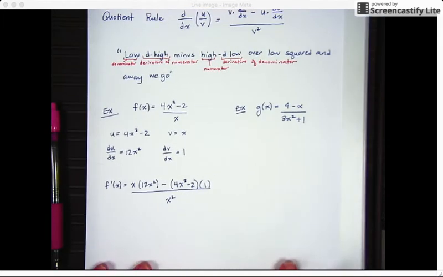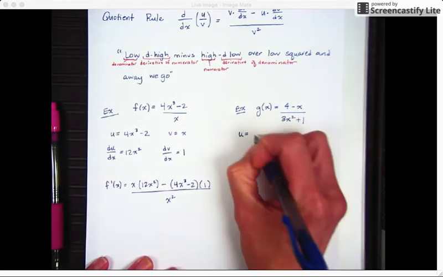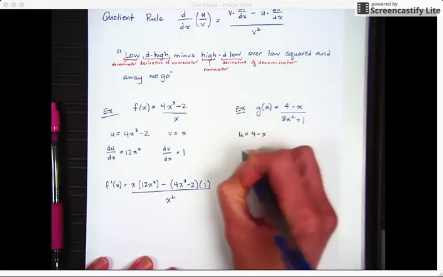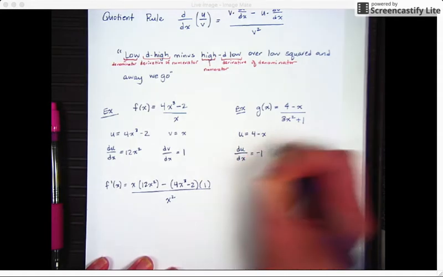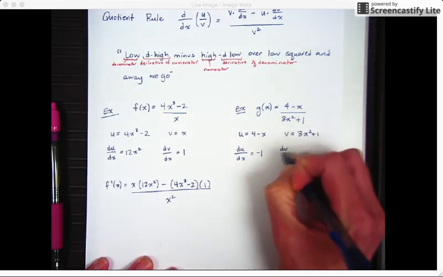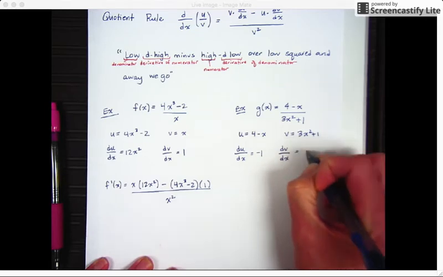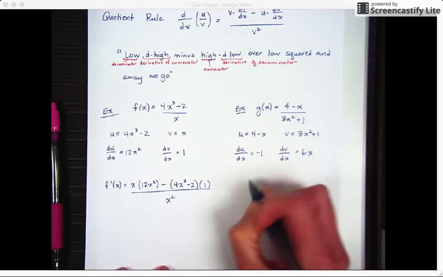One more. So u is 4 minus x. Du dx is a negative 1. V is 3x squared plus 1. dv dx is 6x. All right, so g prime of x this time.